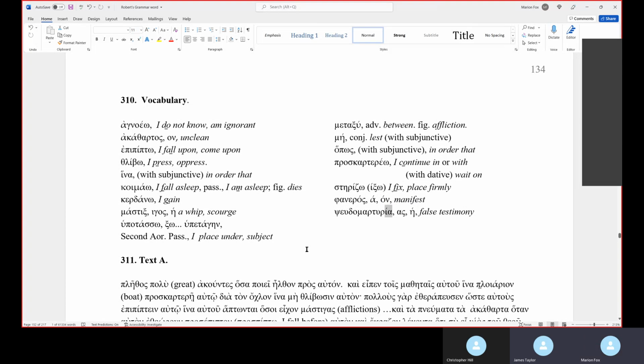Sterizo versus sterixo. Okay. What's the thought there? I'm assuming that's what they're doing with ixo. Is it sterixo? Is that just showing us the subjunctive, or what? No, I think that's showing us what we're seeing here.